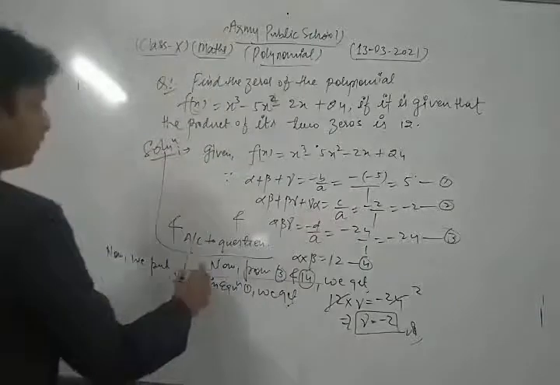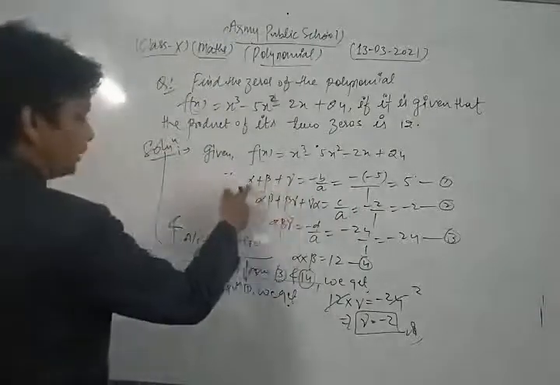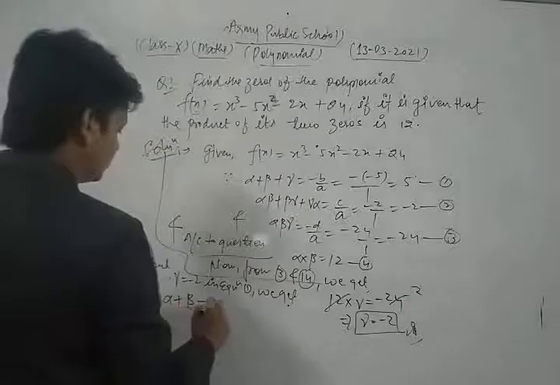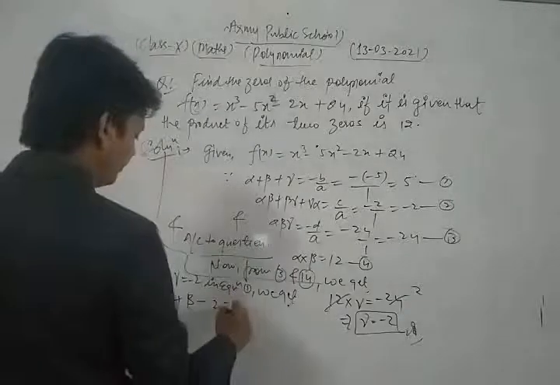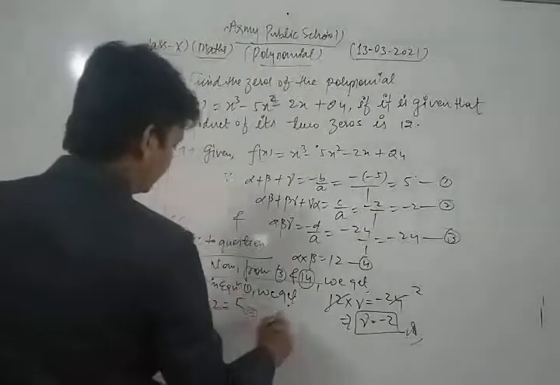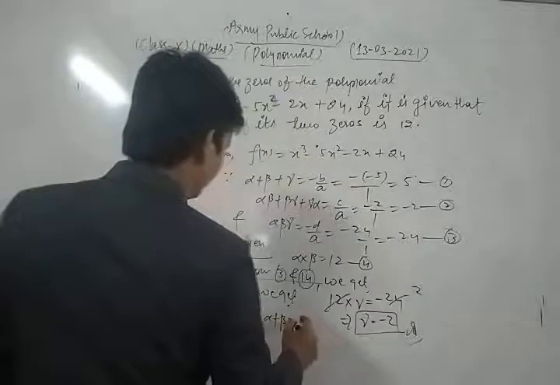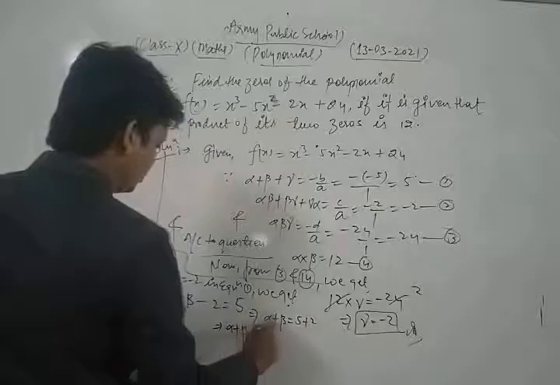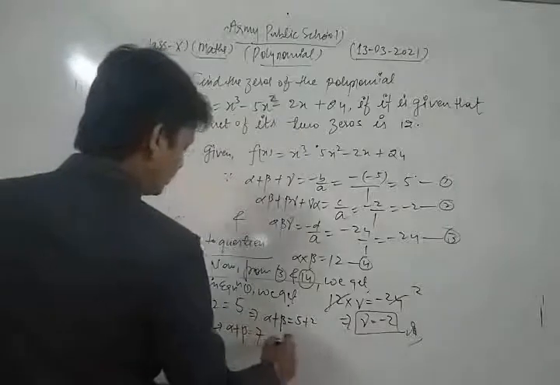We get alpha plus beta minus 2 is equal to 5. So we get alpha plus beta is equal to 5 plus 2, that is, alpha plus beta is equal to 7. Take equation number 5.